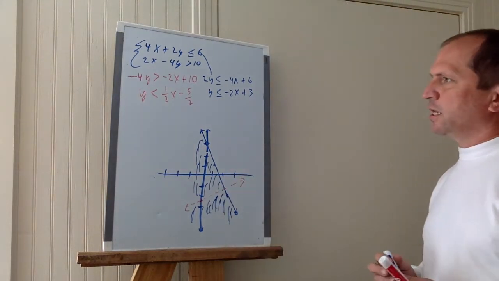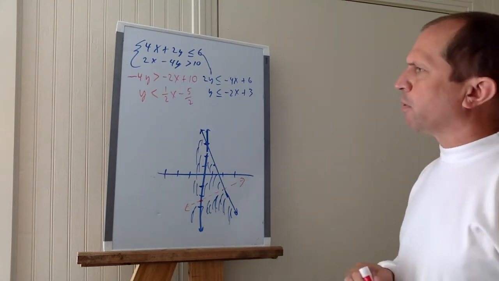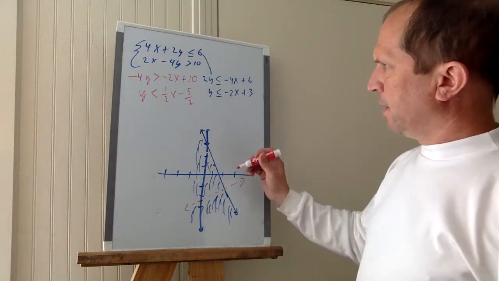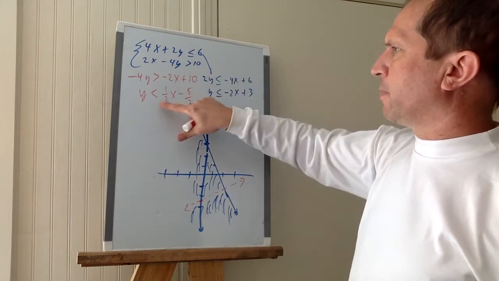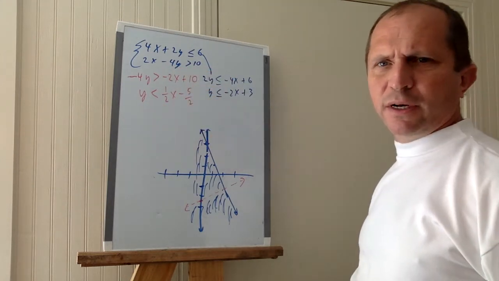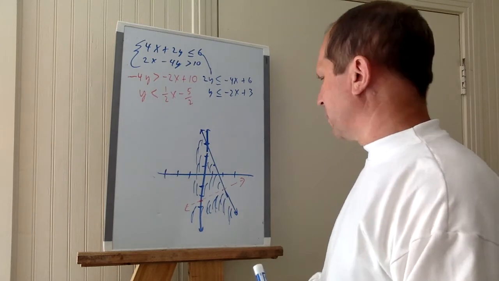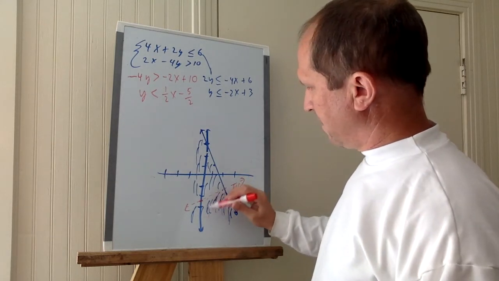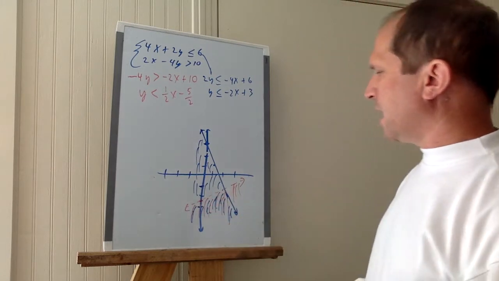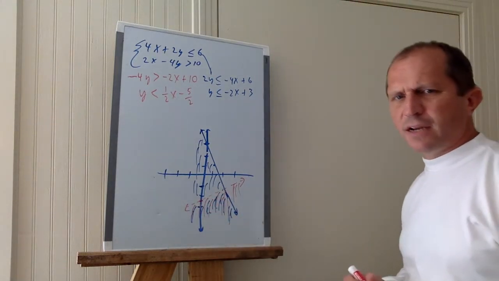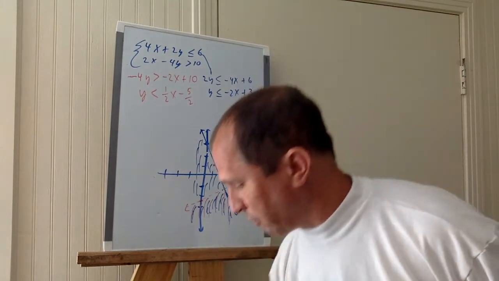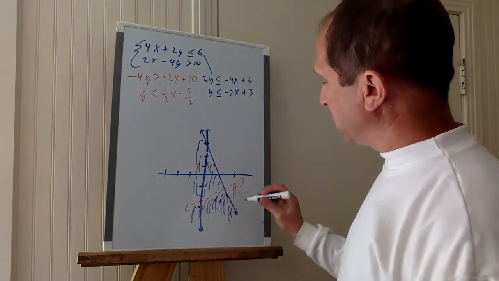And then the other portion, we're going to be below this line. Now, it started off as being greater than, but you're just graphing based off of what you ended up with when you put it in slope-intercept form. So we're below this line. So in the end, the answer is only the shaded region for both parts, or in other words, what was shaded for both the inequalities.